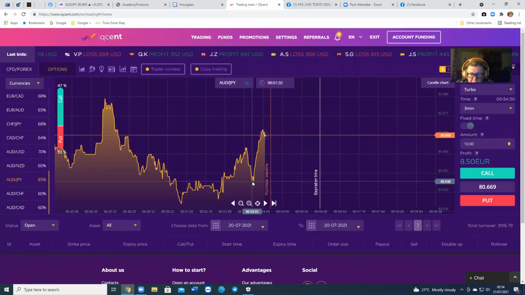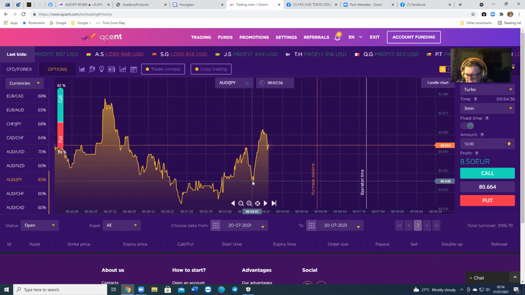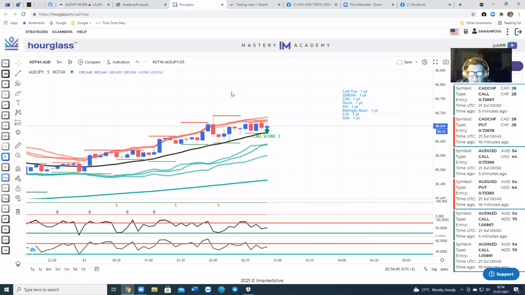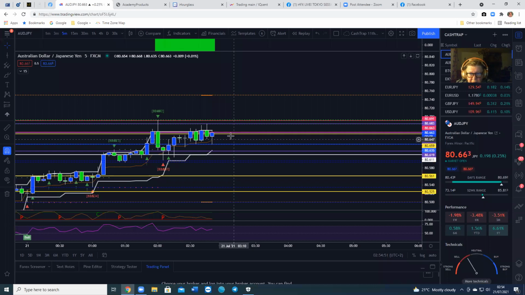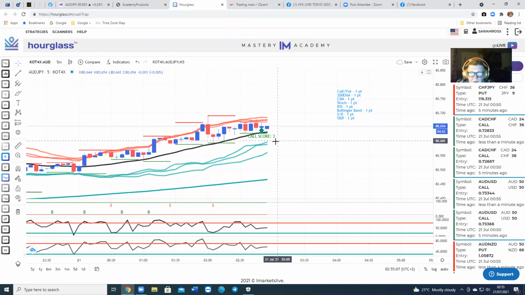Oh, look at that go. It's risky when you take these ones like this, especially at this market timing at 5 minutes before the hour. 627 is that line down there.